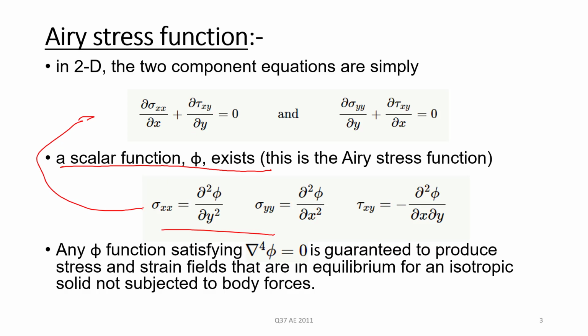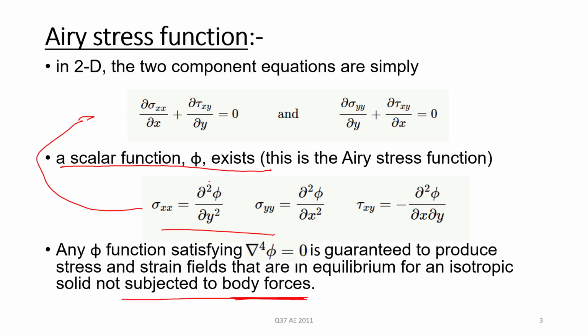So if this Airy stress function exists, any function phi satisfying del 4 phi equal to 0 is guaranteed to produce stress and strain fields that are in equilibrium for an isotropic solid not subjected to body forces.